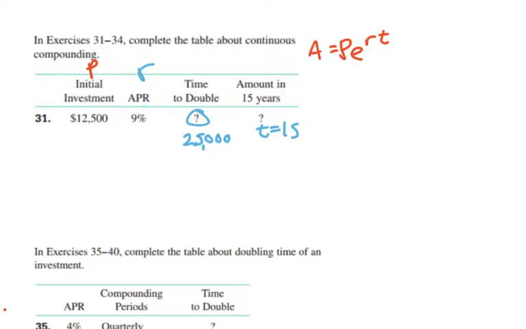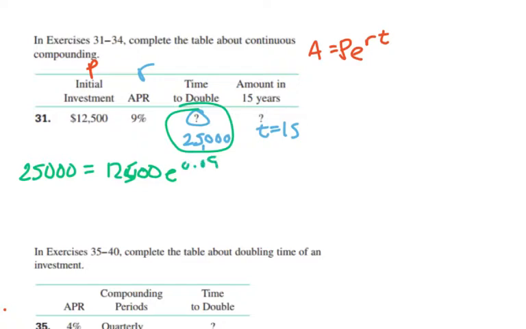So let's see, filling in for the first piece, which is time to double, we're going to end up with 25,000 equals 12,500 as your P, and then e to the 0.09 for 9%, and then we're trying to find T. To solve this, we divide by 12,500, which of course results in 2.